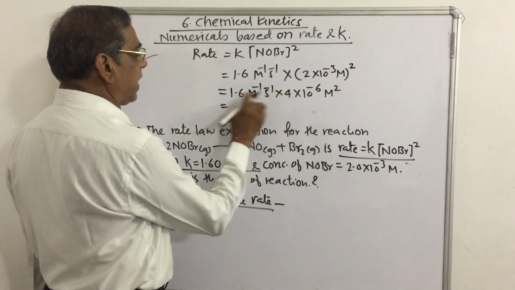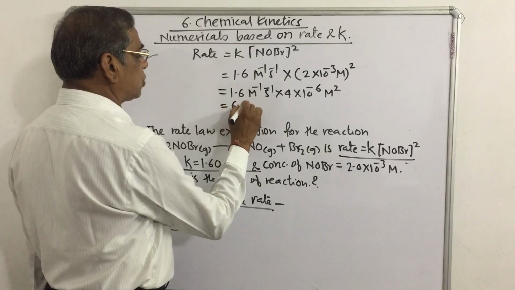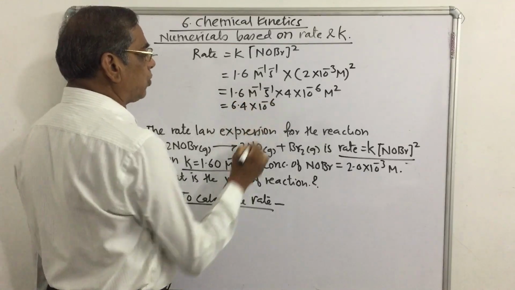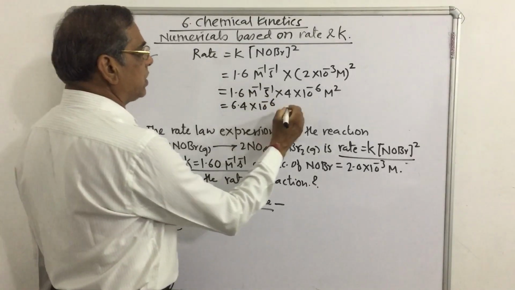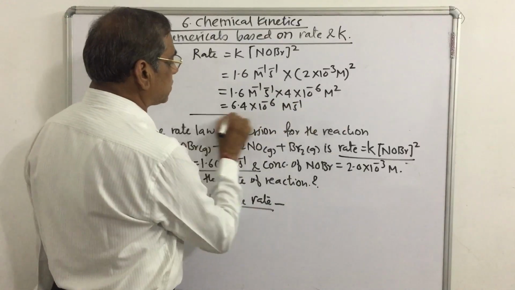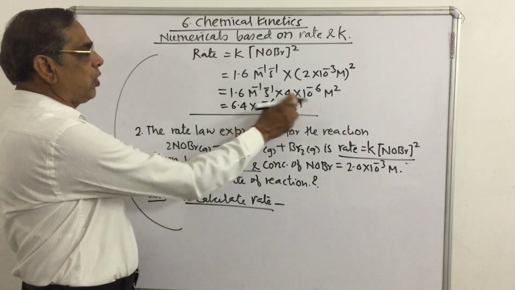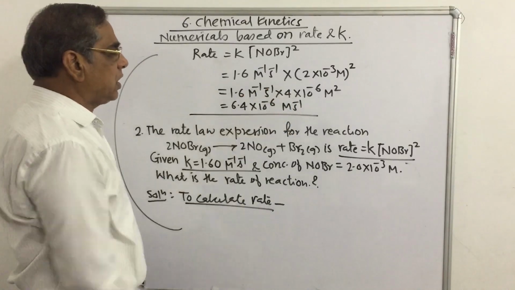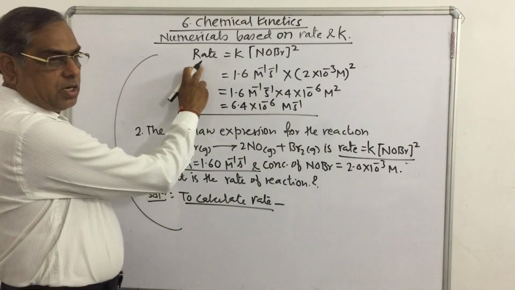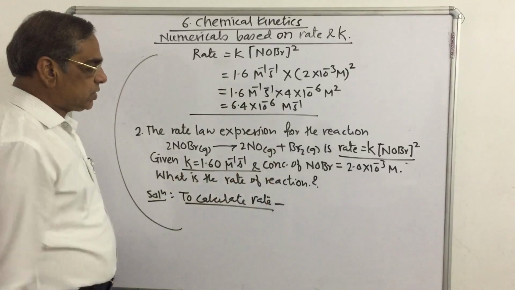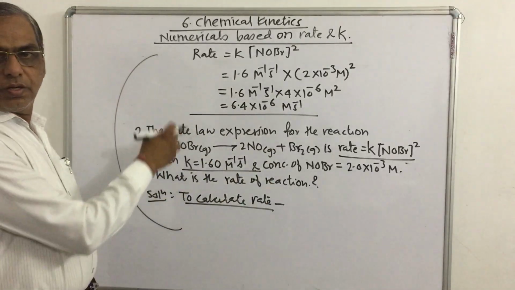So multiplying these, we get 6.4 into 10 raised to the power minus 6 molar per second. This is the rate for this reaction. Okay.